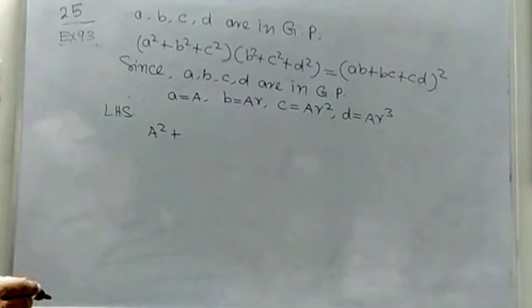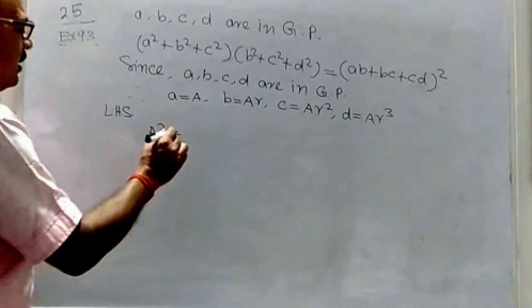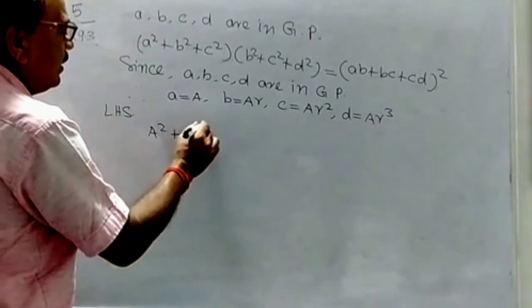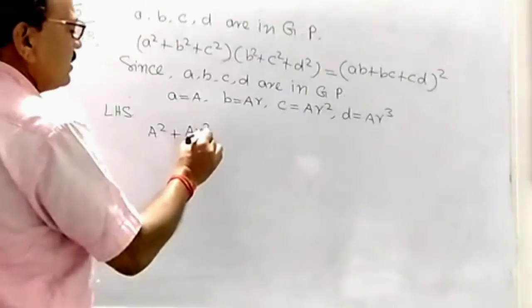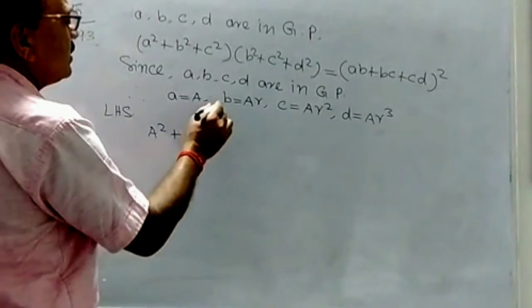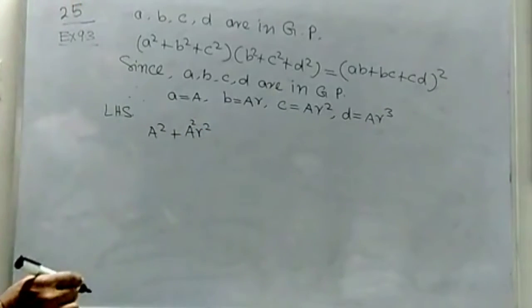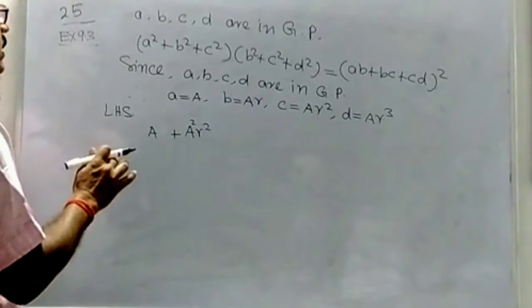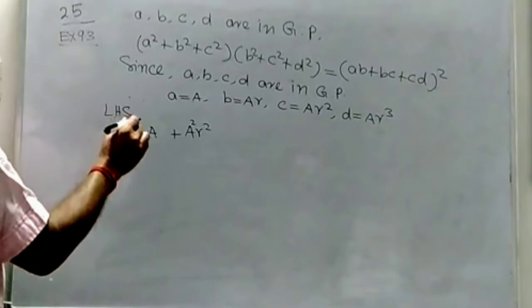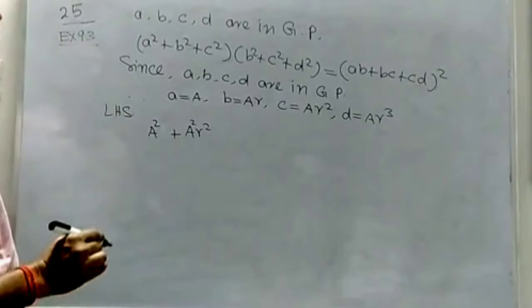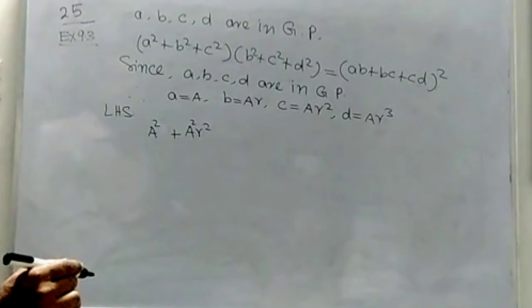In the place of B square, write A square R square.